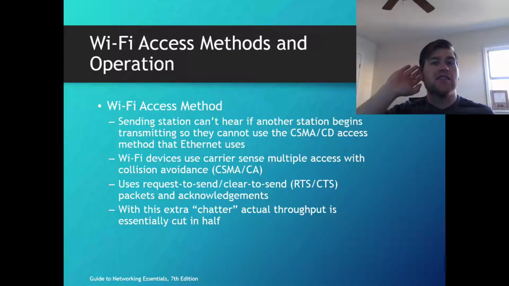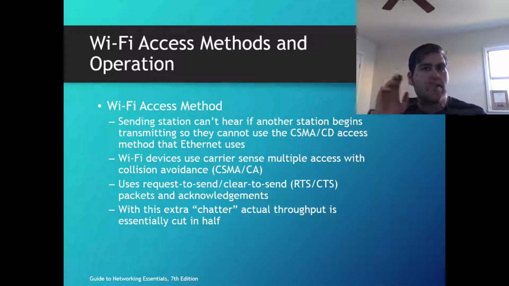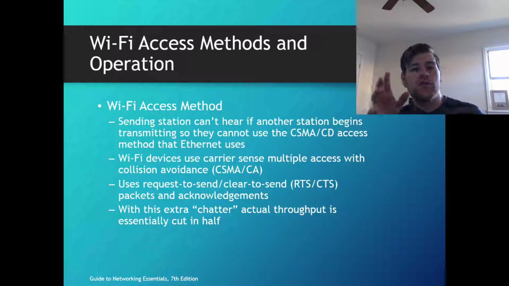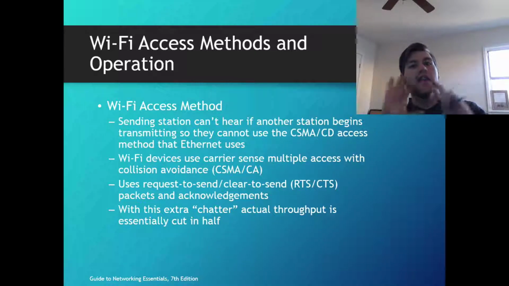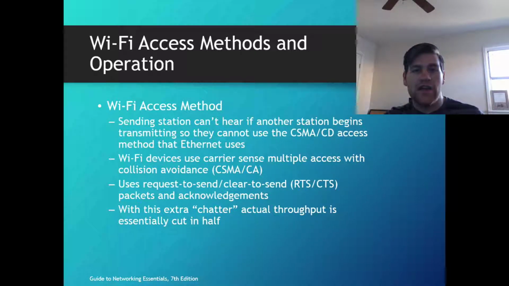But because wireless devices can hear a transmission occurring, they use what's known as collision avoidance. They listen, and if another device is sending, they don't send because they know that another device is sending. As soon as they hear quiet, they do what's known as a request to send. Everybody else hears the request on that same wireless frequency, and so they don't transmit.